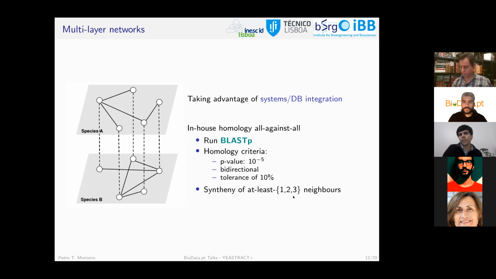We then have an additional level where we account for the synteny of the genes, and the user can choose if they want homology only based on BLAST, or additionally on synteny. And so it has to have 1, 2, or 3 neighbors at each side in a window that is, I think, if I recall, 15 for each side.